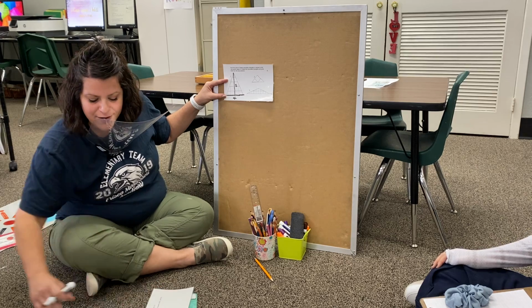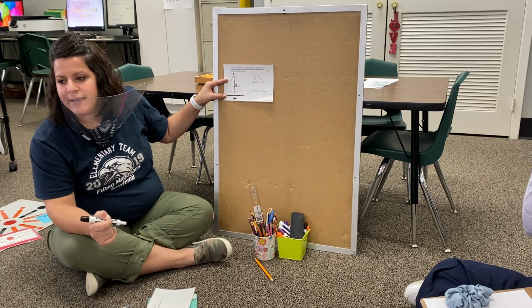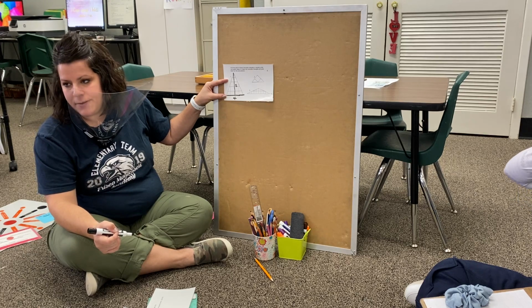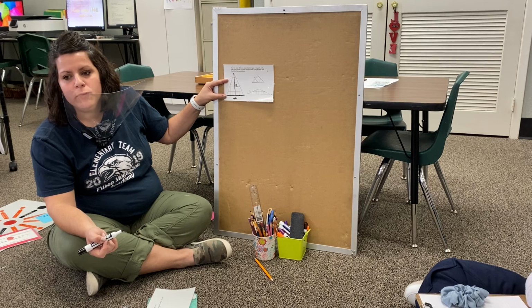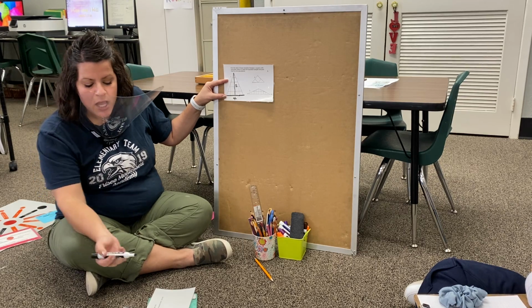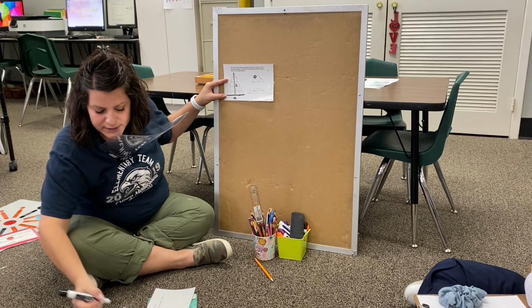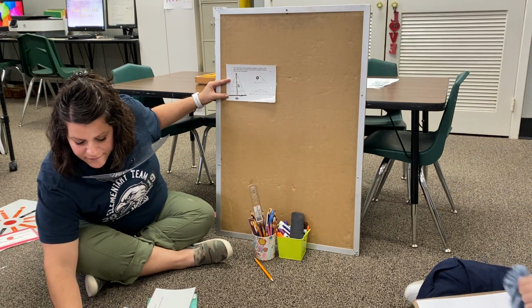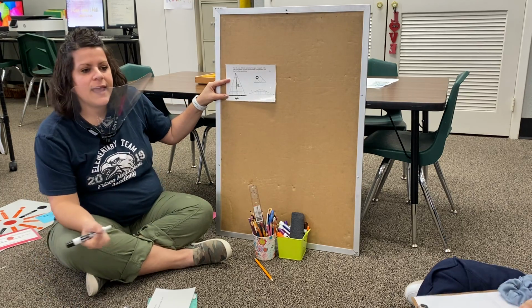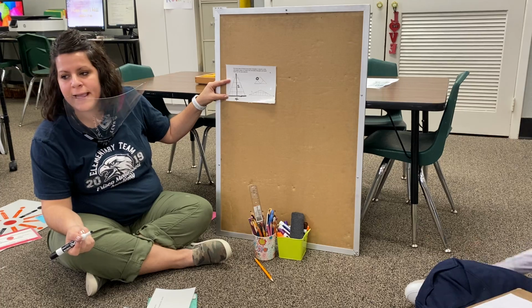Okay? There are several on these packets that get a little tricky, okay? Because the triangle is not resting on its base. So for question number 2, question number 6, and question number 7, the triangles are not resting on their base, okay?